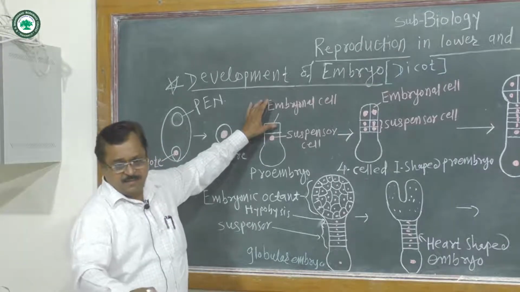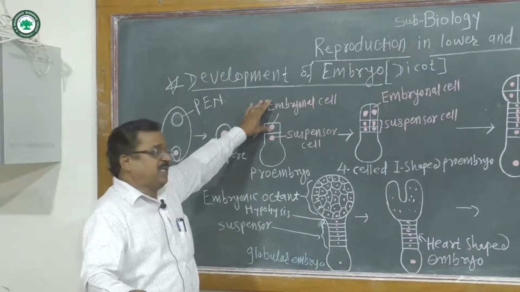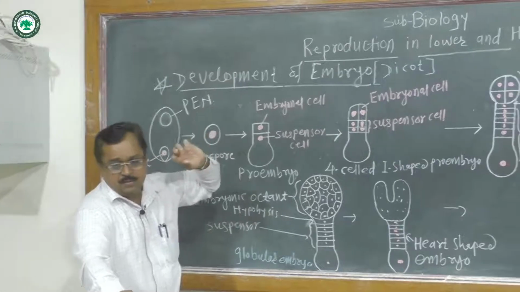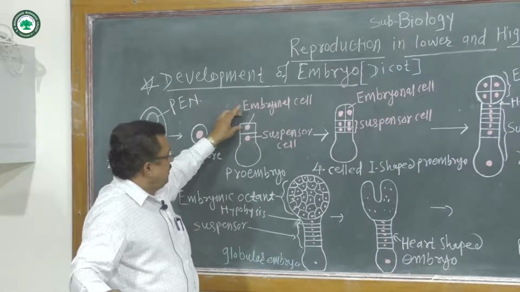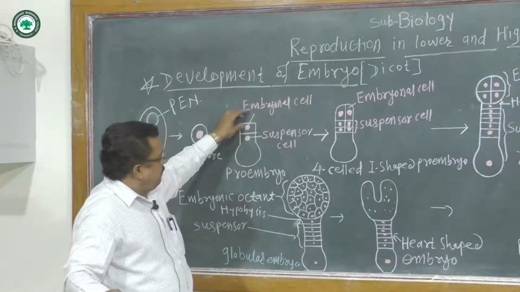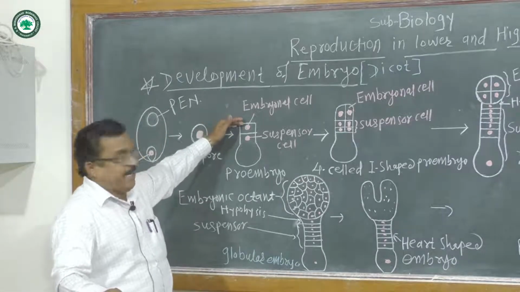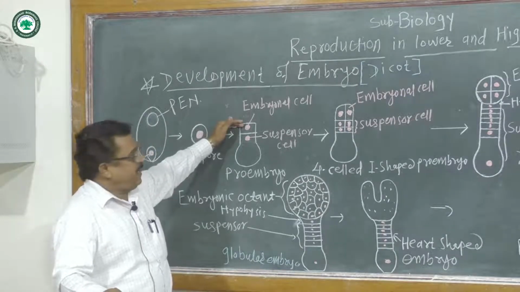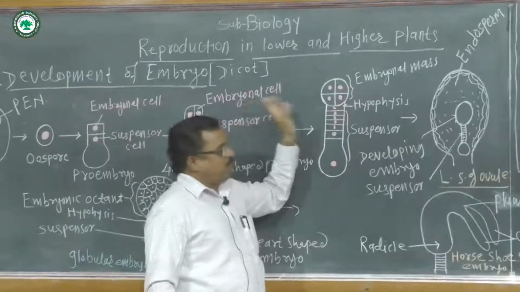The embryonal cell is called the terminal cell, and the suspensor cell is called the basal cell. The embryonal cell first divides transversely, then later divides at right angles, that is periclinal division, and the octant is formed.